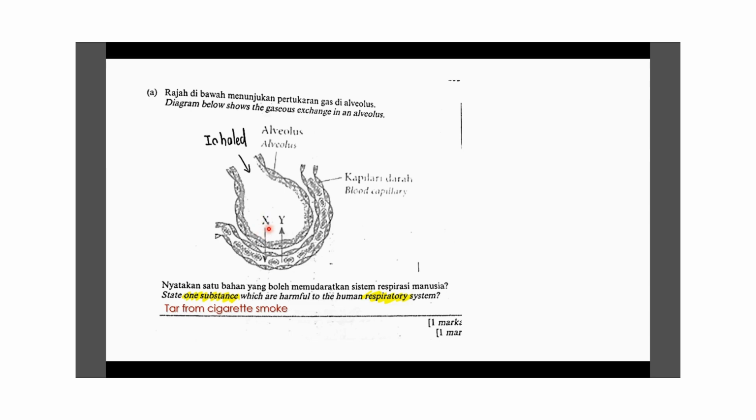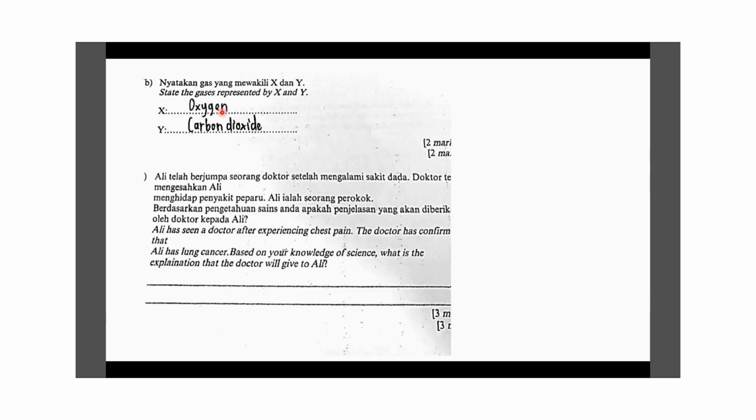So X should be oxygen, because oxygen diffuses from the alveolus into the blood capillaries, so that it can be transported by the red blood cells to all parts of your body. And the one coming from the red blood cells into the alveolus should be carbon dioxide, because it's going to go into the alveolus and then be exhaled out. So the answer for X is oxygen and Y is carbon dioxide.